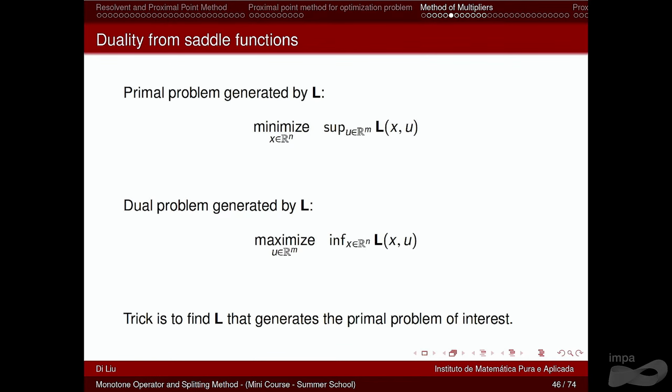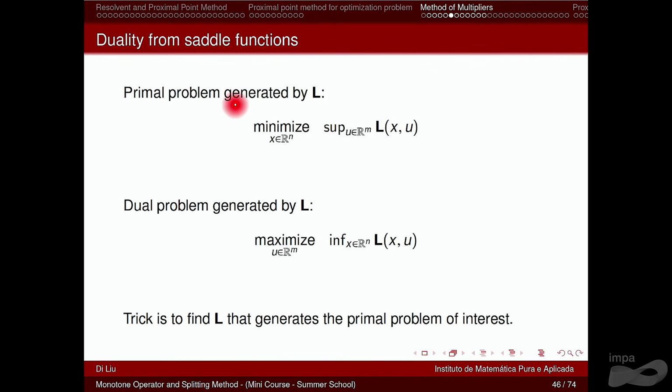Okay, so first we forget about the Lagrangian function. We assume that the capital L is just a convex-concave function. From this convex-concave function, we can define the primal problem. First, we calculate the sup over u of the function L(x,u), and then we minimize over x.